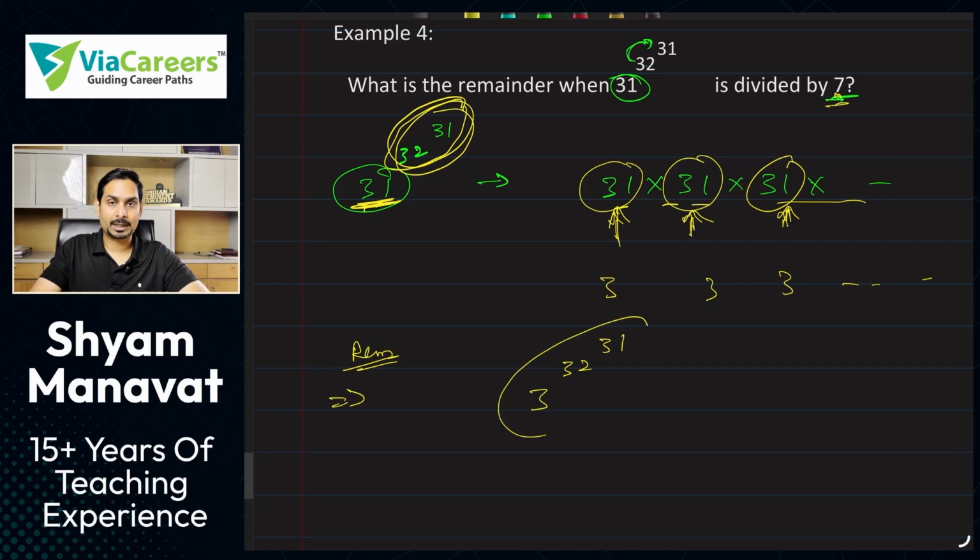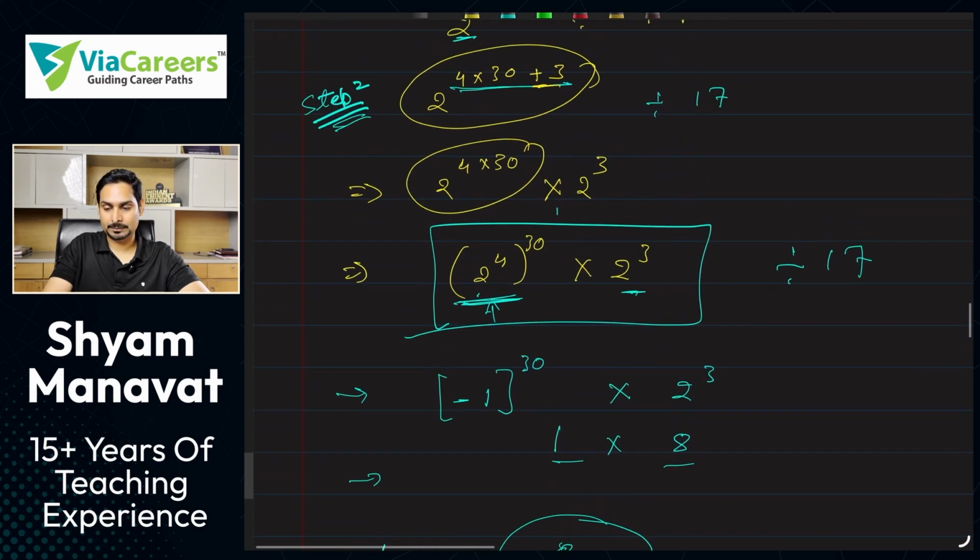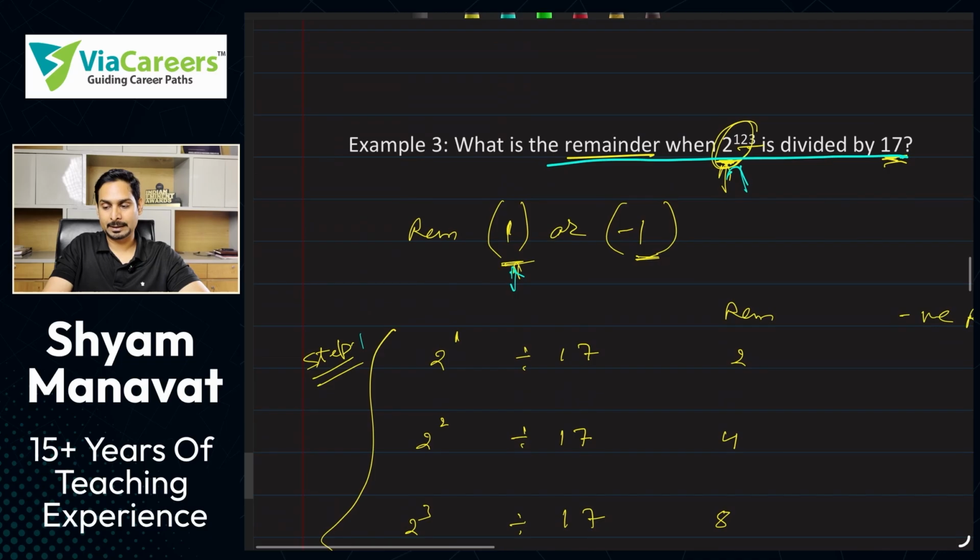So this is not your answer. We have to go further. What you do in this case is take this 3 and increase the power, as we learned in the previous question. We see if we can get the remainder as 1 or minus 1, or if any pattern is formed.